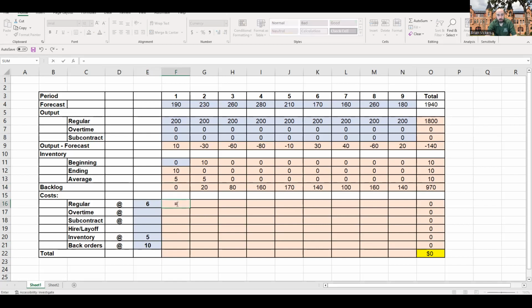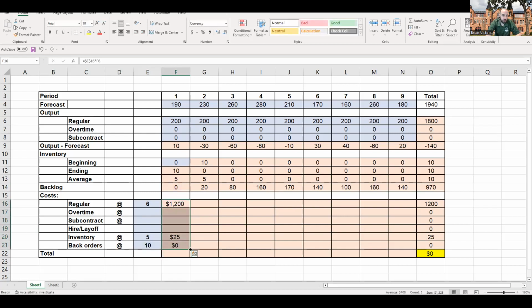So this one's going to be just a simple multiplication. Regular time, lock it in, times regular time for that period. Inventory, lock it in, times average inventory for that period. Back orders, lock it in, times backlog for that period.